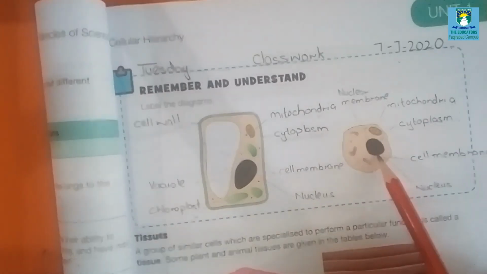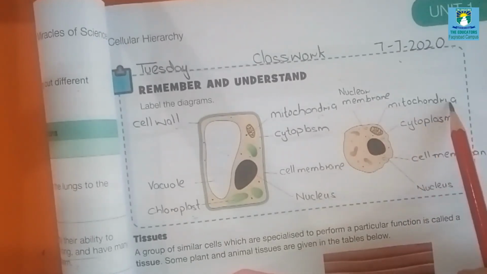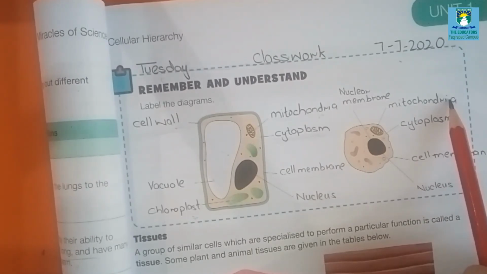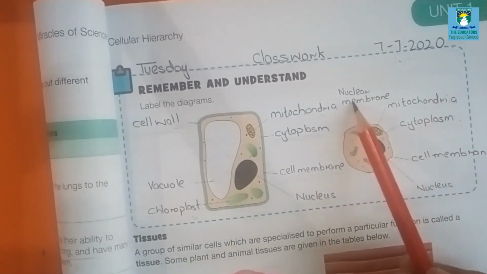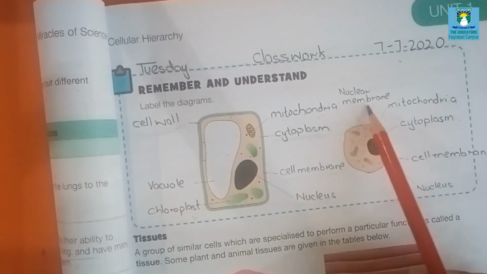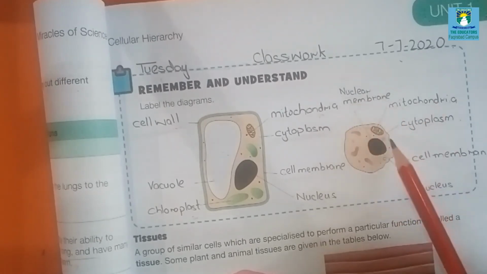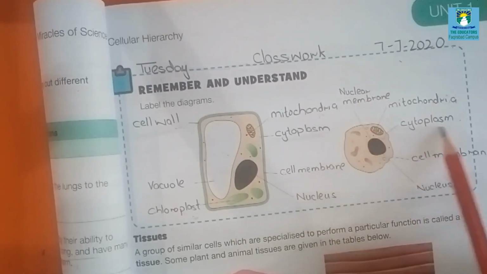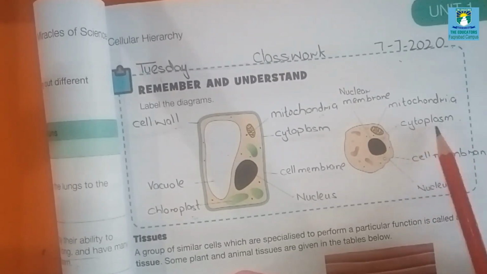Come to the animal cell. This part is known as mitochondria, which is known as the powerhouse of the cell. The outer layer of nucleus is known as nuclear membrane. The jelly substance is known as cytoplasm.